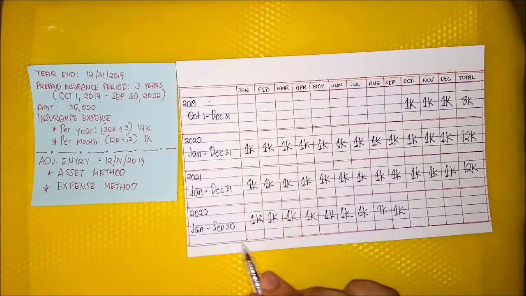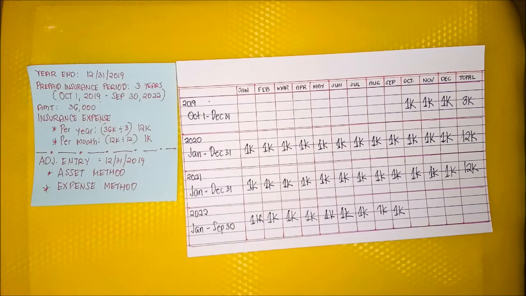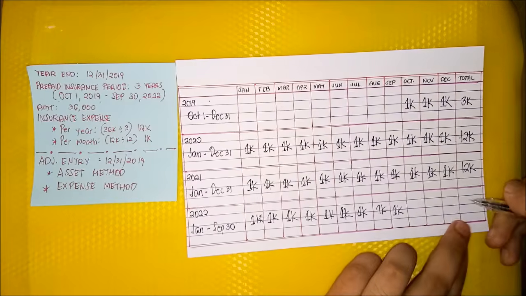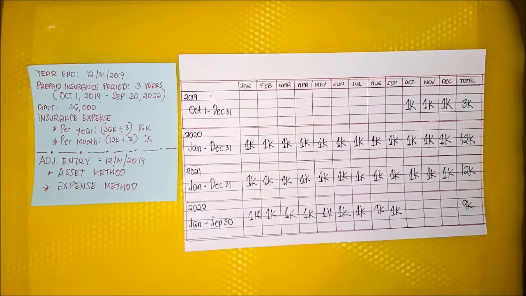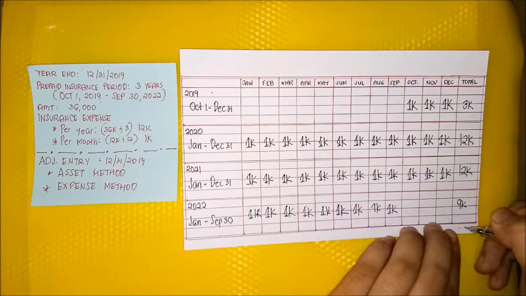Therefore, total insurance expense na i-record sa 2022 relating sa prepaid insurance na 36,000 ay 9,000 pesos. 3,000 plus 12,000, 15,000 plus 12,000, 27,000 plus 9,000.